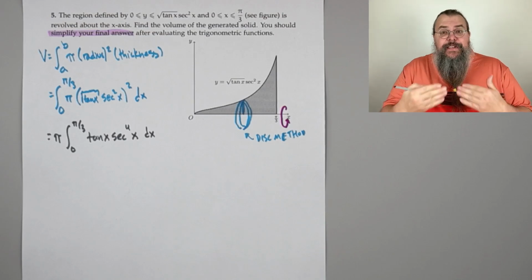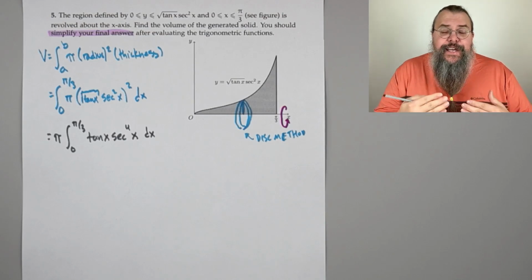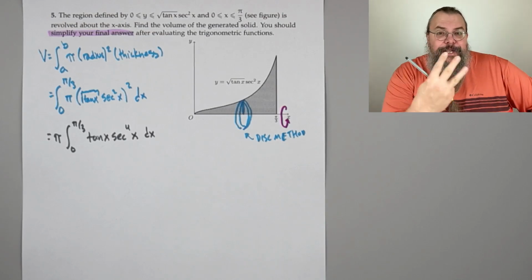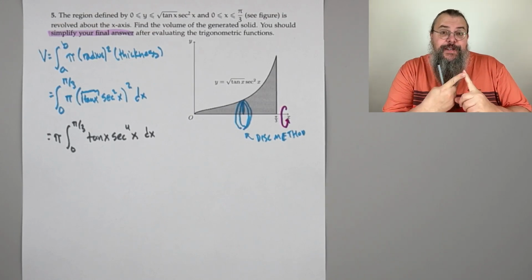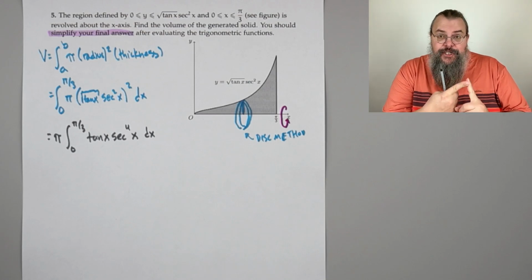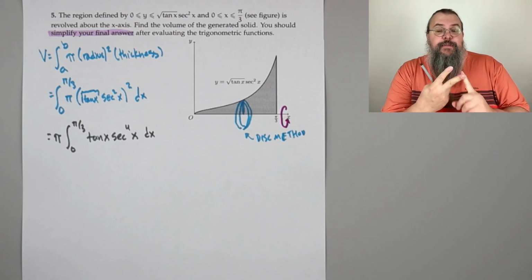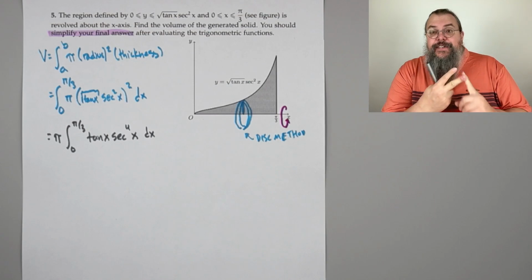Now there's a couple of things that happen. Ultimately, I should say there's 3 cases. One is that we can pull off a secant squared and write everything else in terms of tangent. One is you can pull off a secant tangent and write everything else in terms of secant.